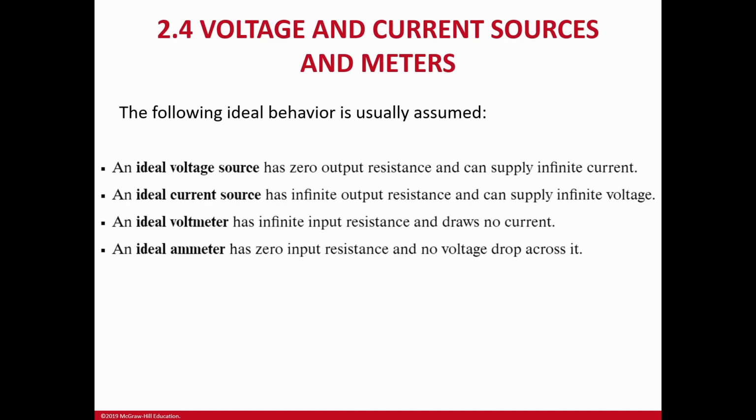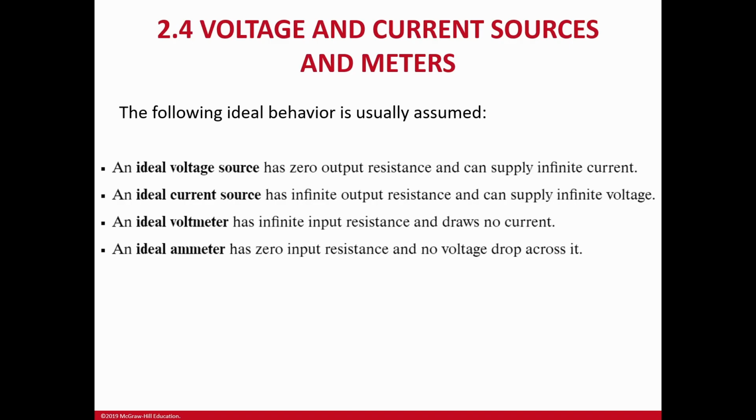And for the ideal current source, V is equal to IR. For the current source, the current is fixed, but sometimes you need a high voltage. In that case, you need a high resistance in order to have a high voltage.